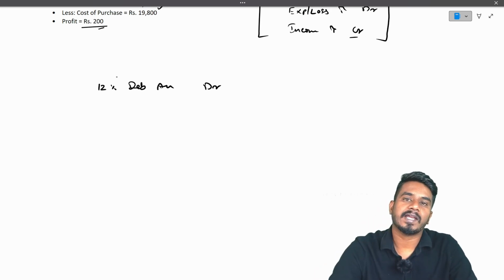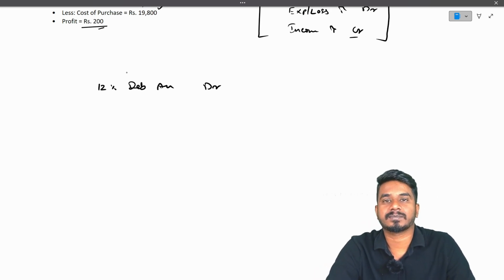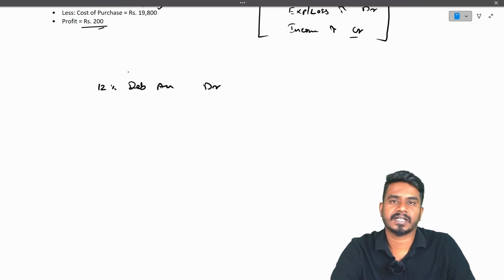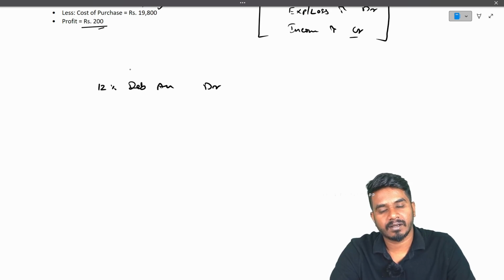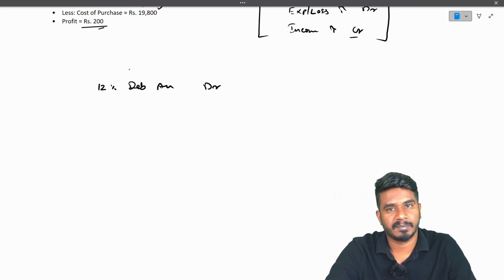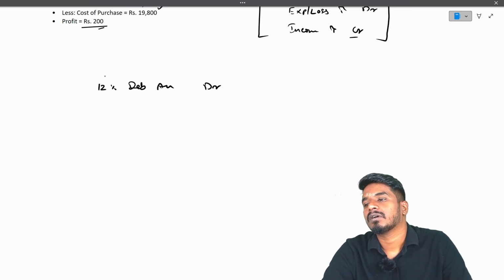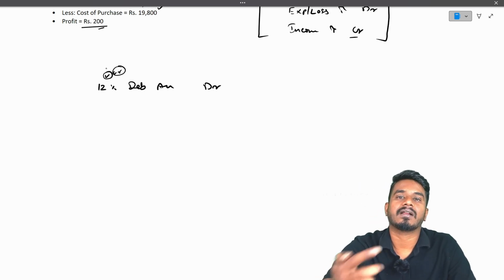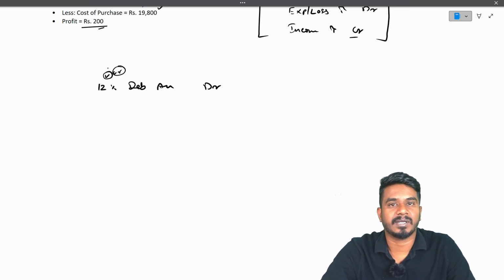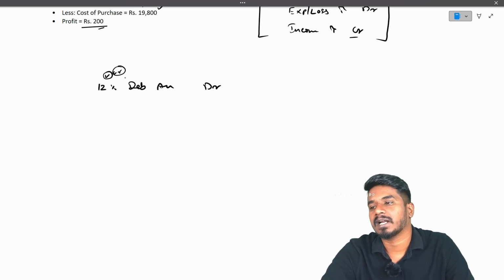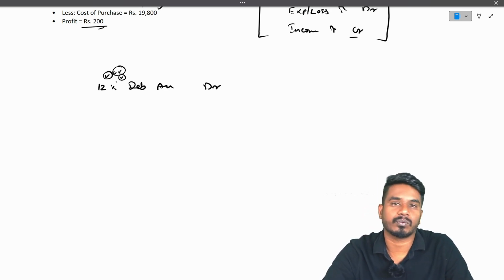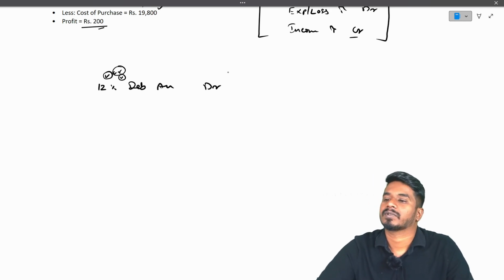Earlier, the debenture application and allotment money was transferred to the debenture account, so the debenture account was getting credited, but now we are purchasing debentures from the open market, so the debenture account will get debited.